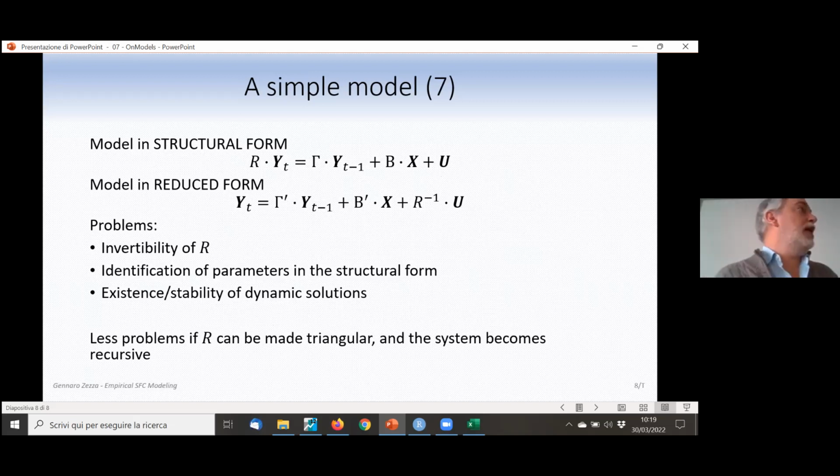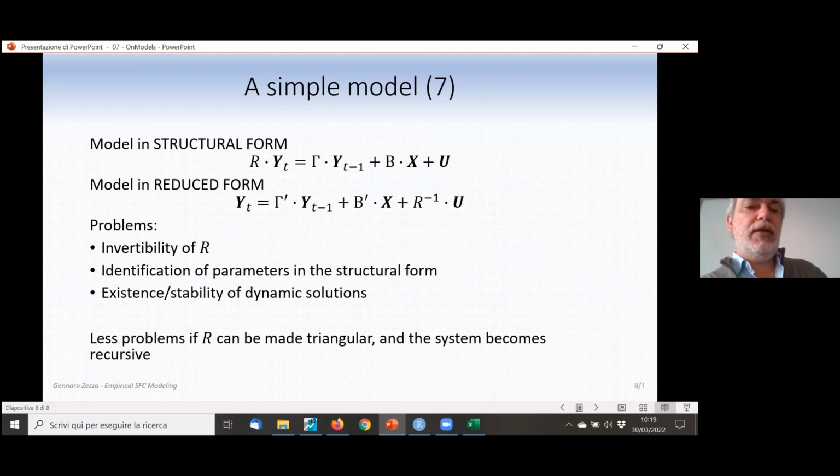And as you already know, I guess, the model in the first line is what we call the structural form of the model. And the model on the second line is what we call the reduced form of the model. So in the reduced form of the model, each endogenous variable depends only on lagged values of the endogenous and on the exogenous.